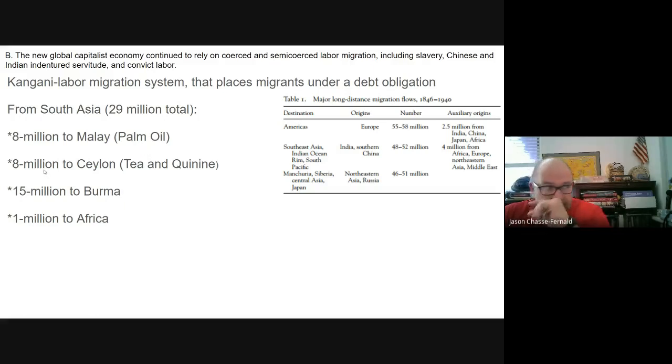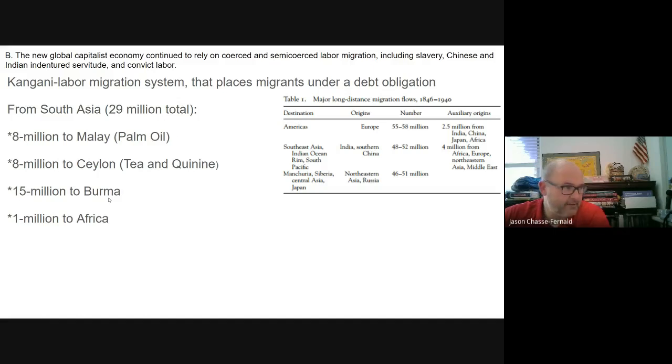About 8 million are going to go to Ceylon, modern-day Sri Lanka, to work on the tea plantations, really post-1860, and on quinine plantations, for the cinchona trees. About 15 million South Asians are going to migrate to Burma, largely to work on rice.